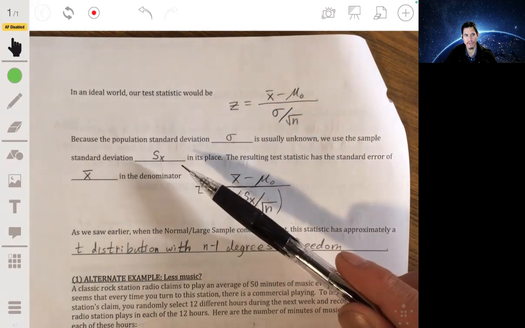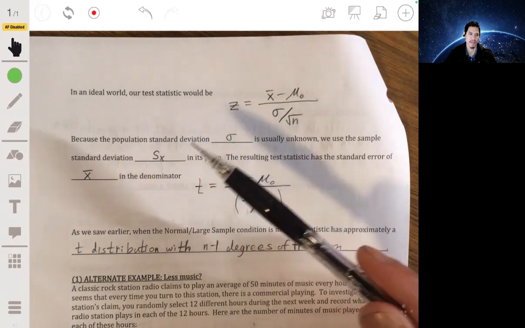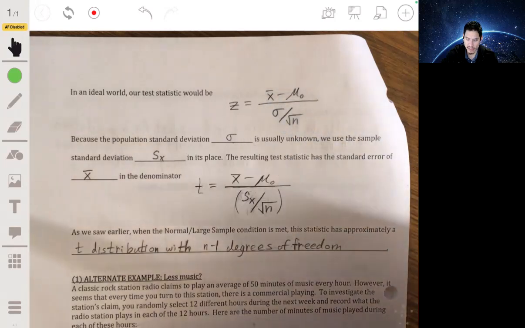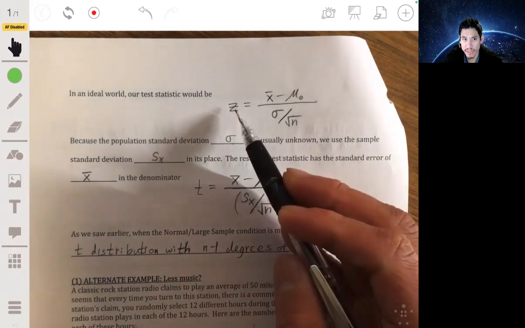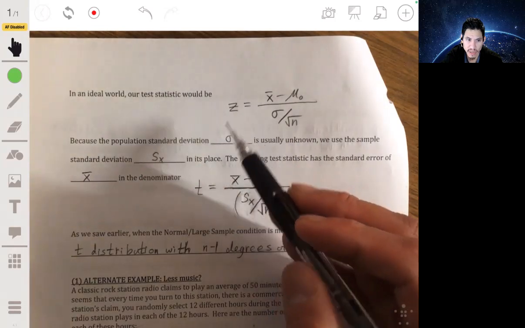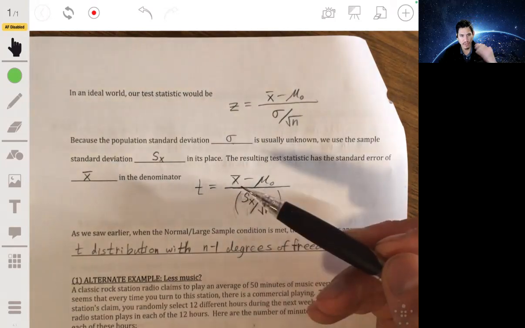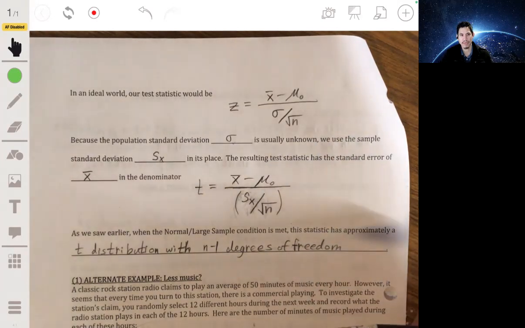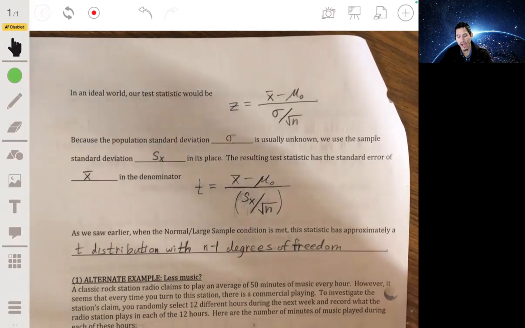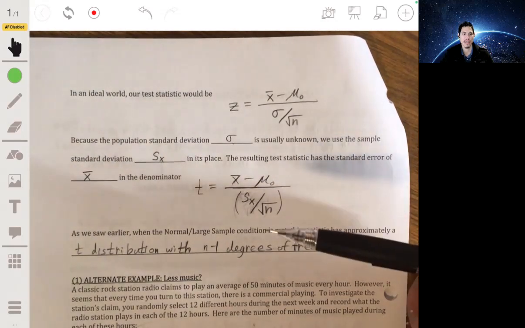So then, just like before, we use the sample standard deviation to estimate the true standard deviation. And so we have the standard error in the denominator. We can't use a z-score because that wouldn't technically be accurate. We're going to use a test statistic of t, just like we did with confidence intervals. t distributions are unique, meaning they have a slightly different shape depending on the sample size.